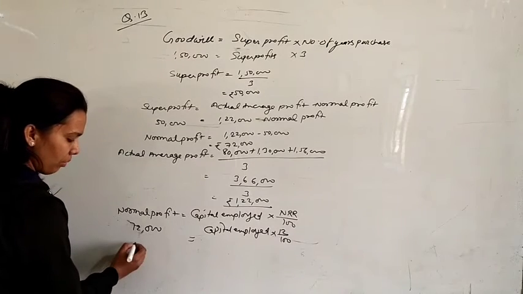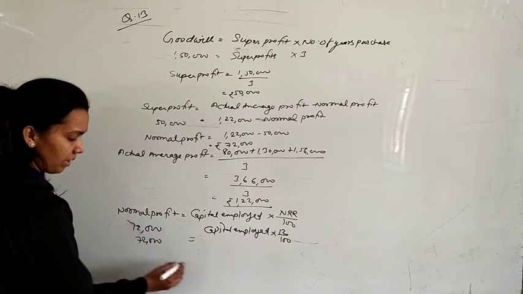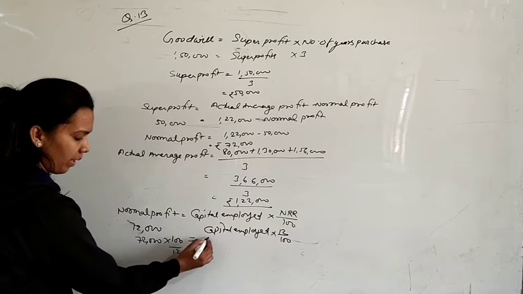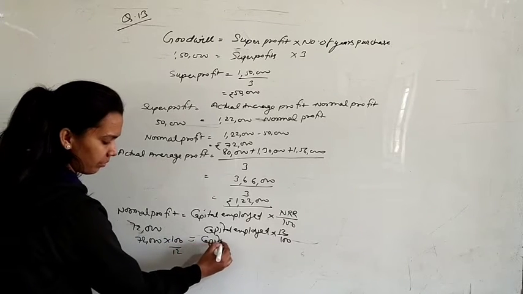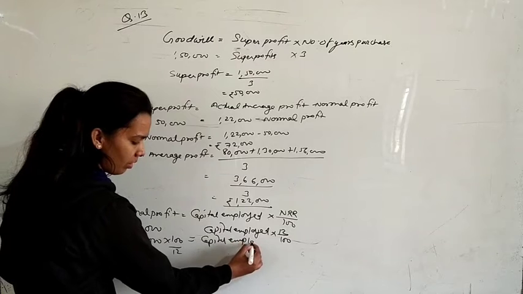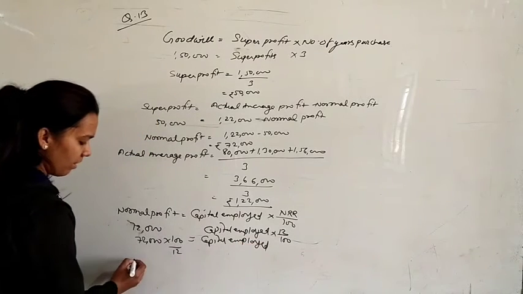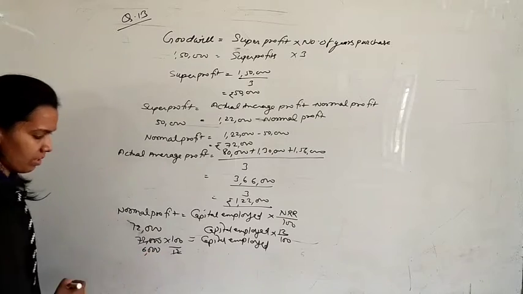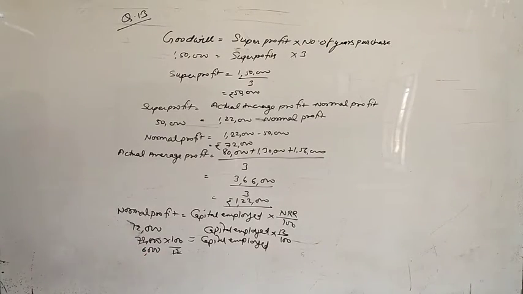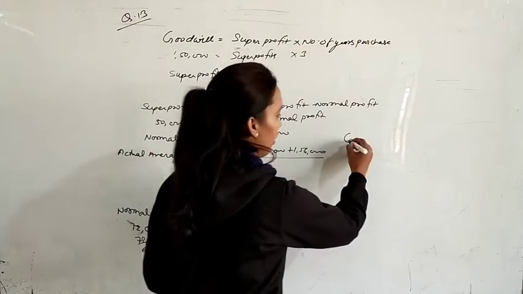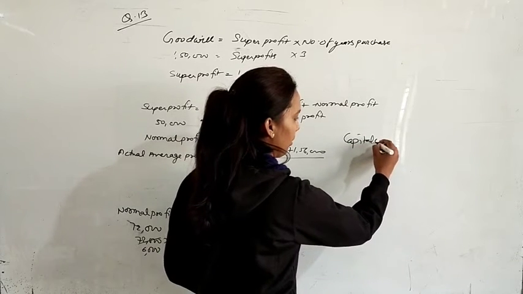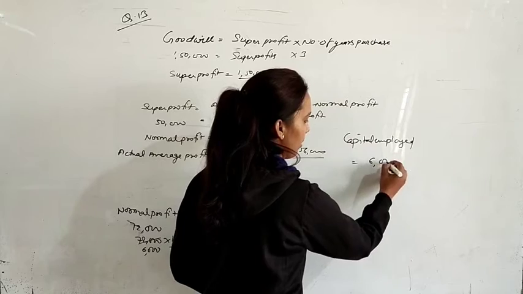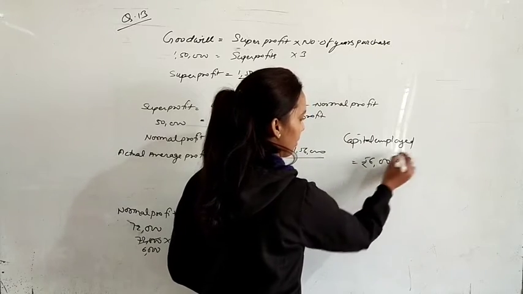So write down capital employed will be, just according to the mathematical equation, transpose this here, so it will be 100 by 12. So you can write that capital employed equals 6 lakh rupees. Capital employed equals 6 lakh rupees according to this. So I can write that capital employed, that is the main answer of this question, is 6 lakh rupees.